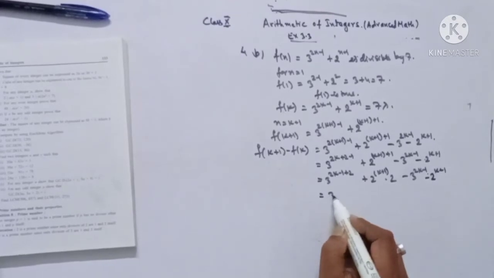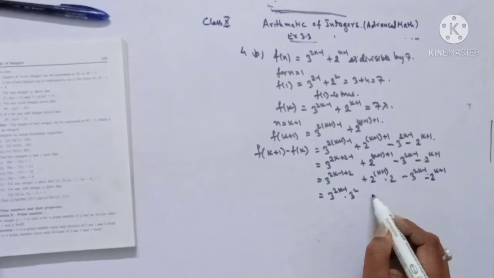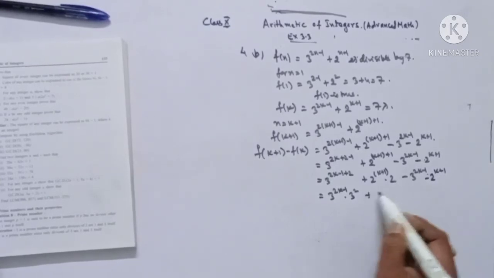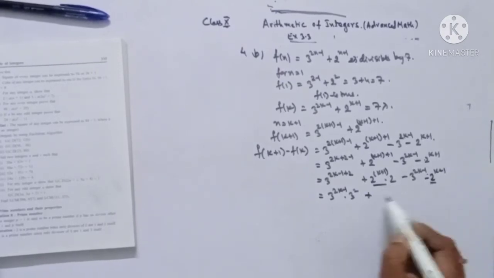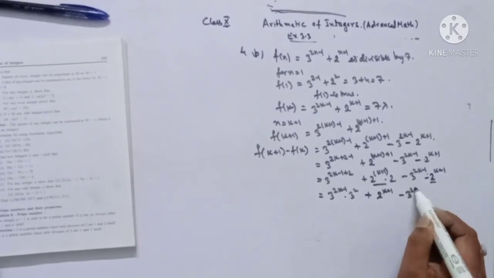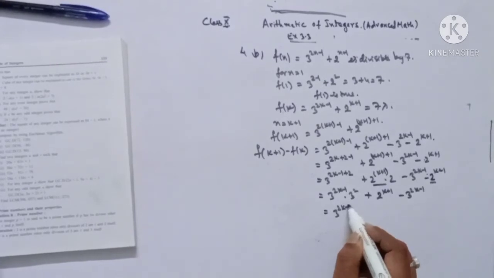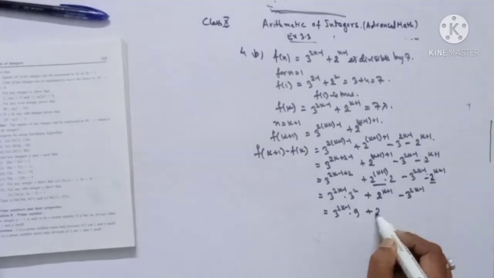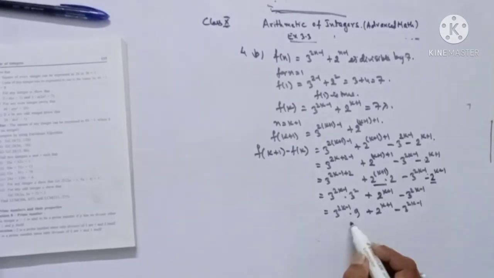So this will be 3 to the power of 2k minus 1 into 3 square, and this part and this part will be 1 because 2 minus 1, 2 to the power of k plus 1 and minus 3 to the power of 2k minus 1. So this will be 3 to the power of 2k minus 1 into 9 plus 2 to the power of k plus 1 minus 3 to the power of 2k minus 1. So 9 means 7 plus 2. Instead of 9, I can write 7 plus 2.